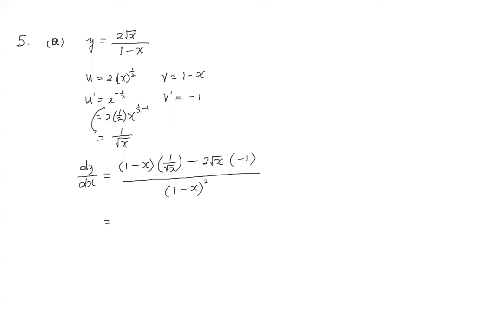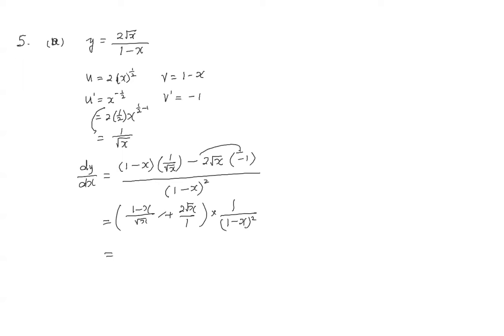So how do you simplify this one? You get 1 minus x over root x, minus, minus, you get plus 2 root x over 1. Then you times with 1 over 1 minus x squared. Correct?